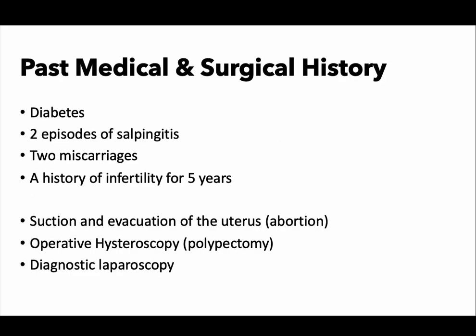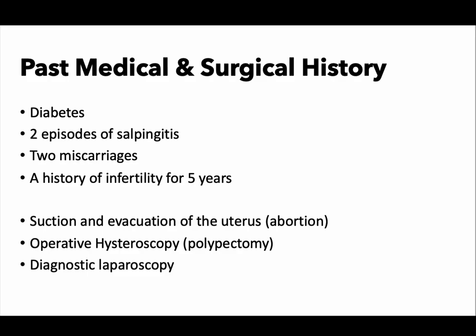Then you see here an example for her past medical and surgical history. She just has the information: diabetes, 2 episodes of salpingitis, 2 miscarriages, a history of infertility for 5 years. As she's presenting this, she could say something like, the patient's past medical history includes diabetes.